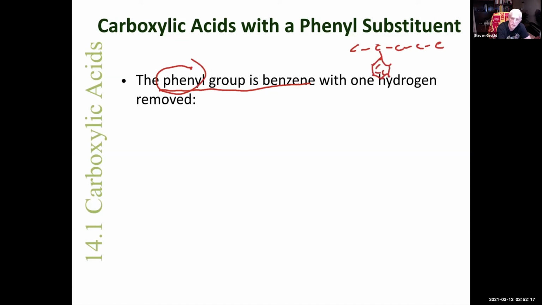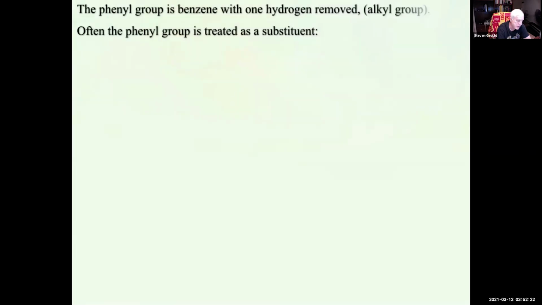Right? So it's benzene with 1 hydrogen removed because that's where the bond occurs. Okay. So the phenyl group is benzene with 1 hydrogen removed. The alkyl group, often the group is treated as a substituent. Okay. So when benzene's a substituent, you take a hydrogen off, and that bond that was to hydrogen now attaches to the carbon chain, making it a substituent.